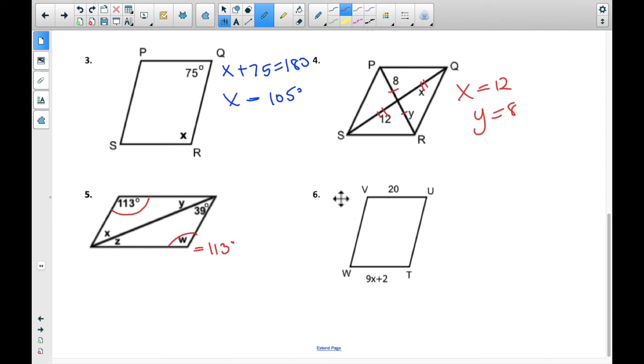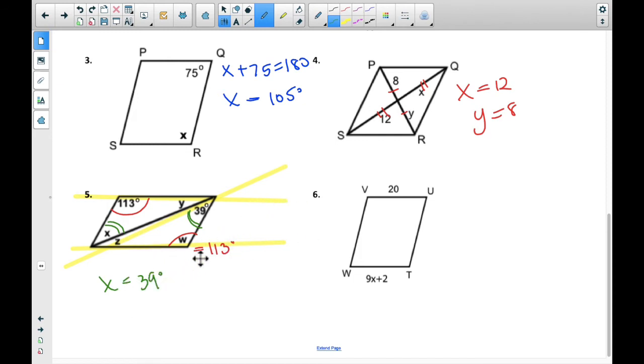Then what else? Well, we can take advantage of the fact that we know these are parallel to each other. And I'm drawing them really long because we're going to talk about a transversal, which we've done before. So if I look at this, then I should be able to look at angle 39, for instance, and say that this angle is congruent to this angle because they are alternate interior angles. So x is 39 degrees.